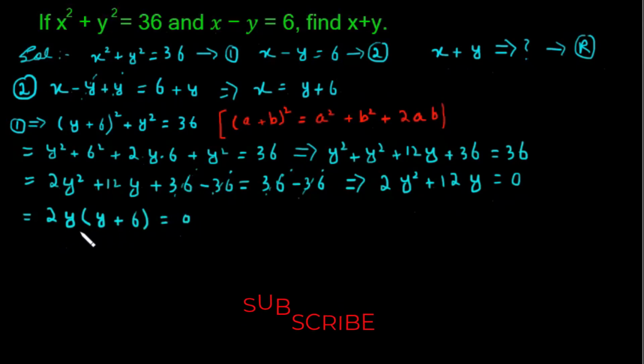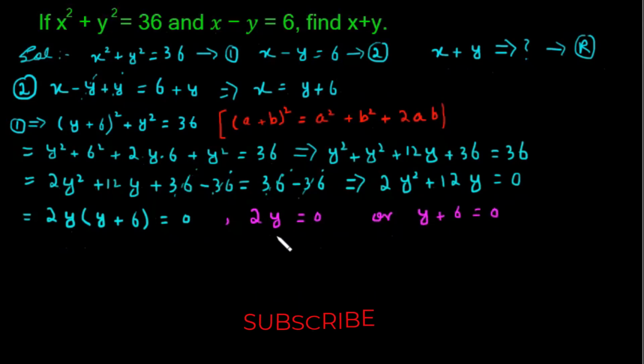Now this is the product of two factors, and when the product of two factors is equal to 0, at least one of the two must be equal to 0. That is why I can say that either 2y is equal to 0 or y plus 6 is equal to 0.